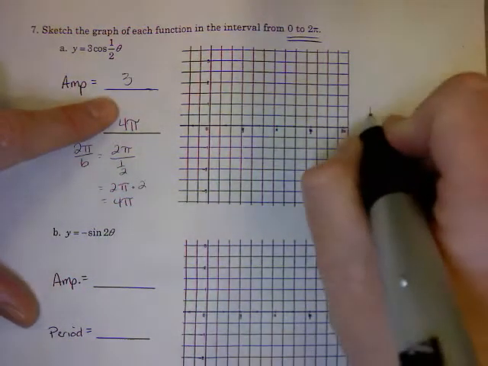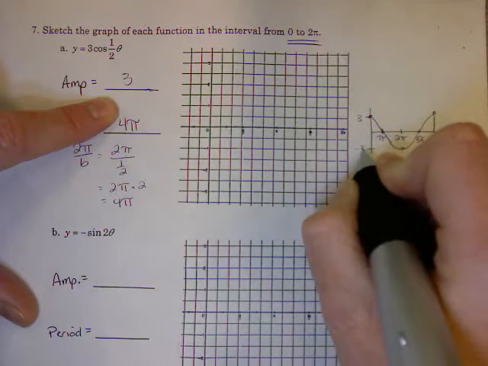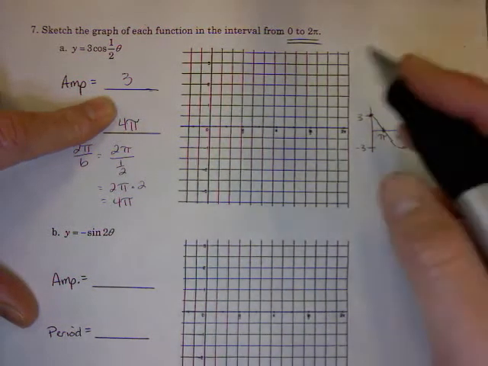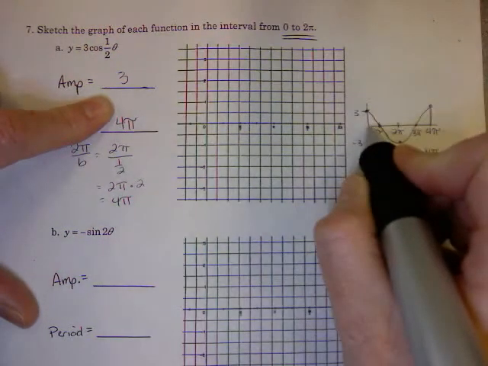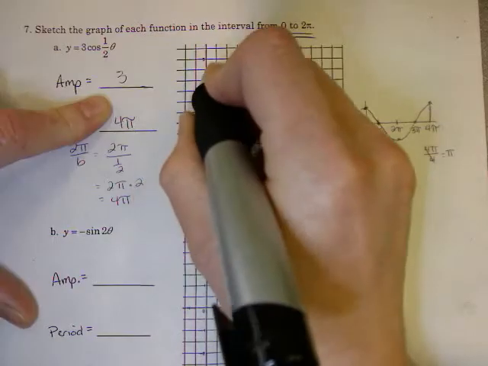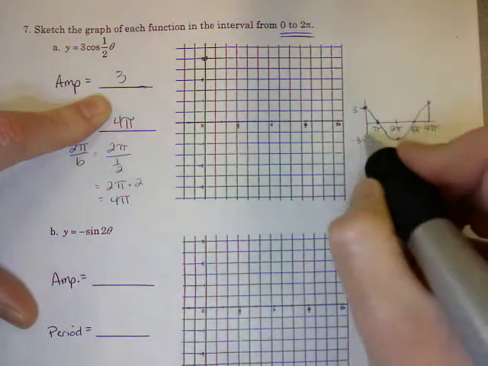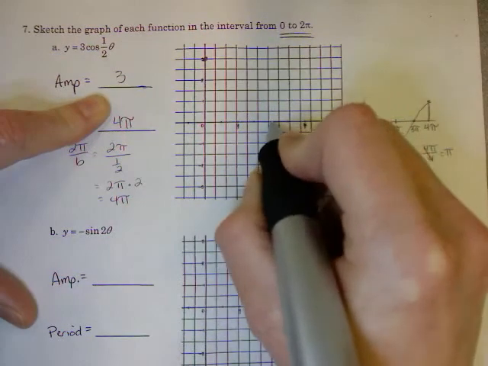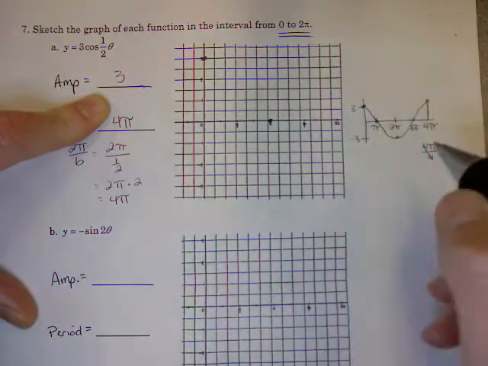And our amplitude is 3, so the highest point we go to is 3, and the lowest point we go to is -3. So now we have our points. Now we just have to plot them on the graph. At 0, we're at 3, so put a point at 0, positive 3. The next point is pi. Pi is right here. We're at 0 at pi, so put a point at pi.